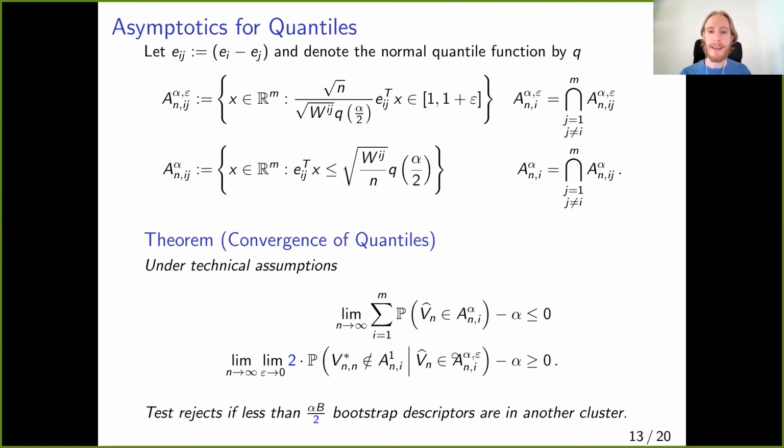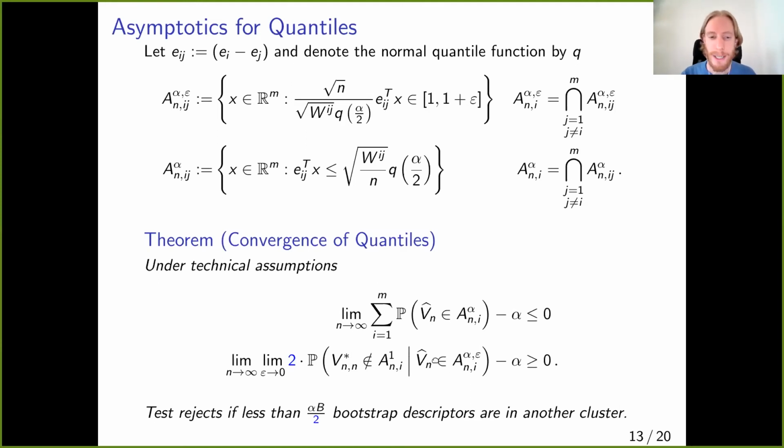Given that the ith bootstrap loss was smaller than all the others by this alpha half quantile, and with this small strip, right? This probability times 2 is, in the limit of this strip width going to 0 and sample size going to infinity, larger or equal than alpha, okay?